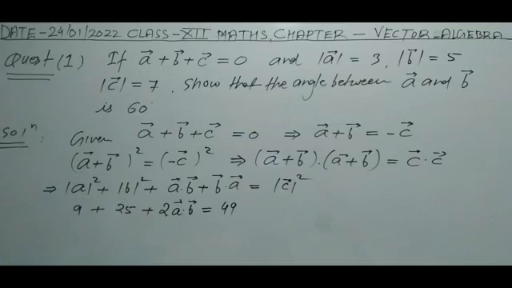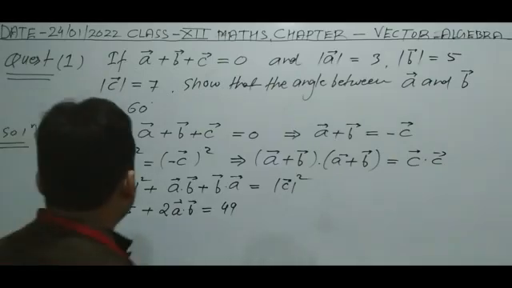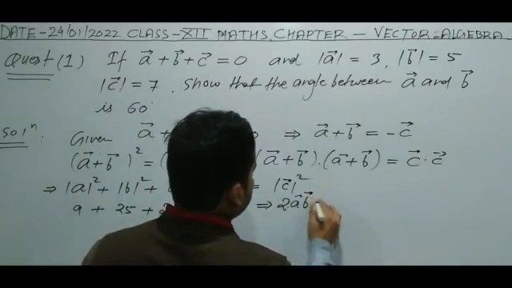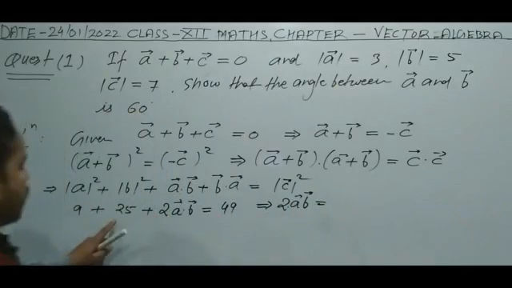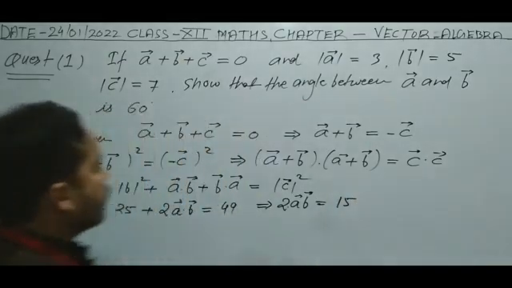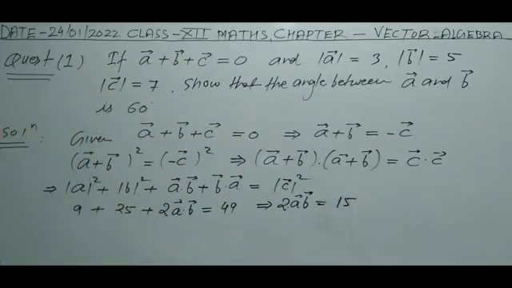So 49 minus 34, the result we can write, is 15. So 2 times vector A dot vector B is 15.